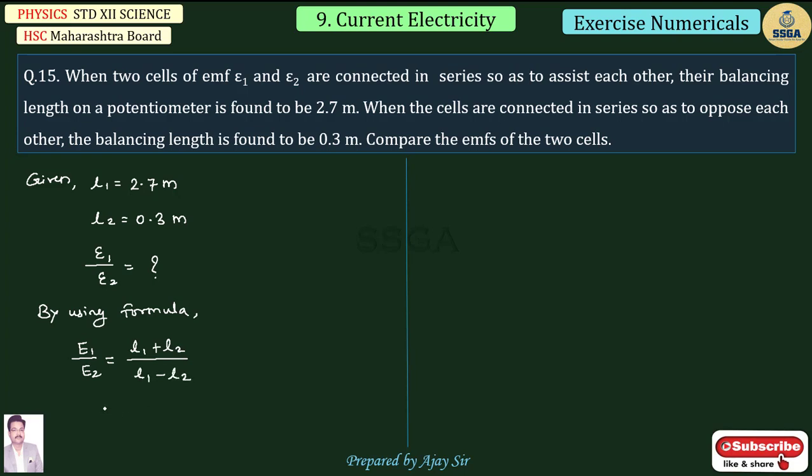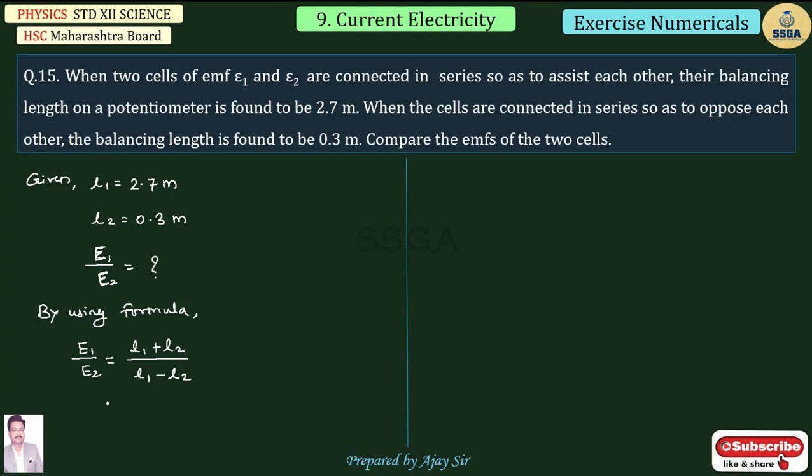So this is the formula. Here we can consider epsilon or E also. E means EMF, so we can represent it symbolically by epsilon. This is the symbol for EMF, or we can simply say E1 and E2.